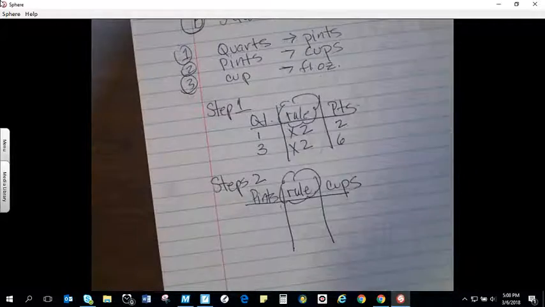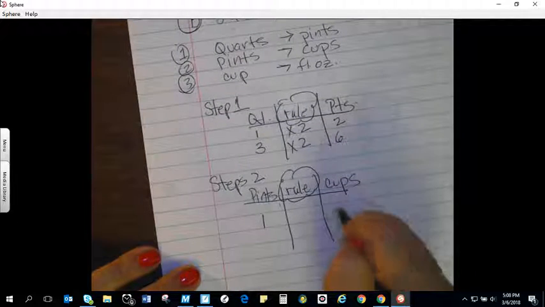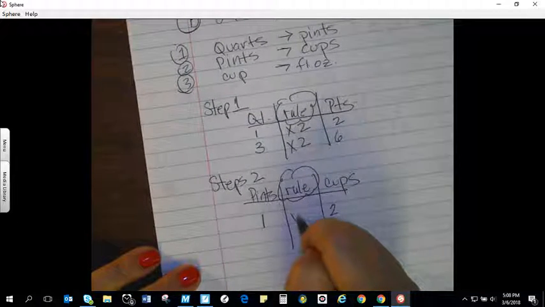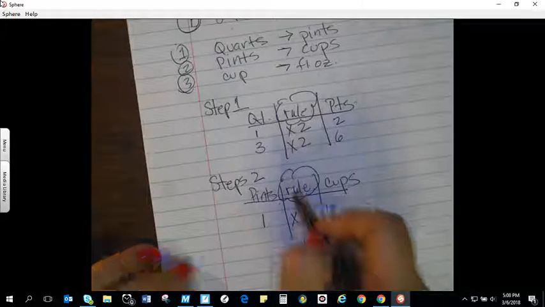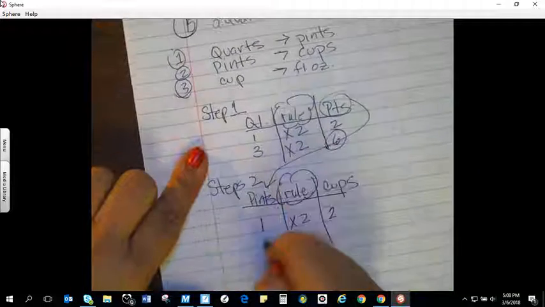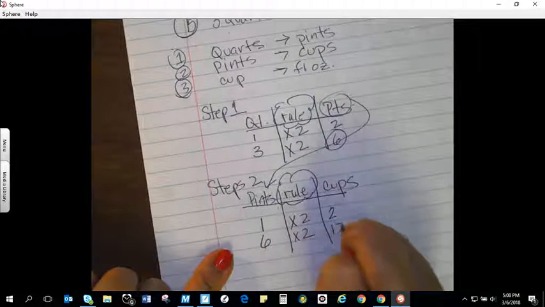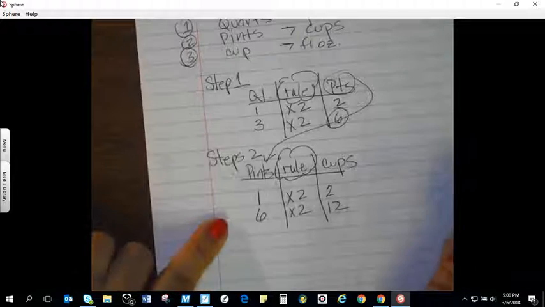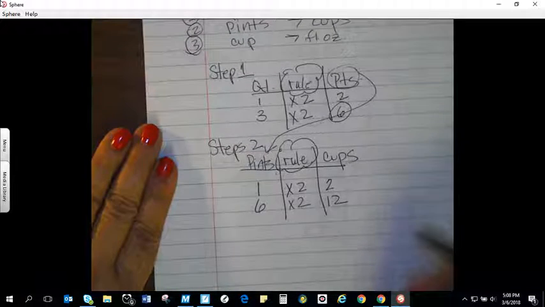So again, for every 1 pint, I have 2 cups. My rule is times 2. So I have my 6 pints. I'm moving here. 6 times 2 equals 12 cups. Okay? Now I'm going to move over to step 3.